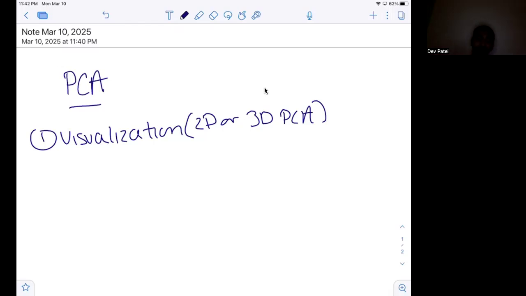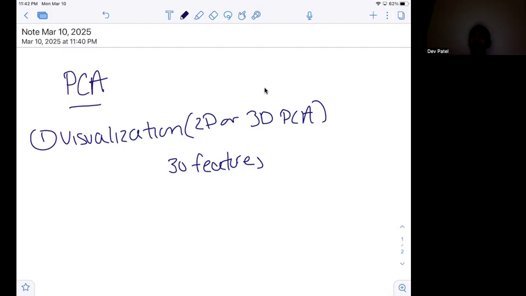So, for example, if you have 30 features in your data set, which two axes can we create that are uncorrelated to one another, orthogonal to one another, and can capture a large variance of the 30 features? So that's what we refer to as our principal components. These are the new axes that our projected data set will have.